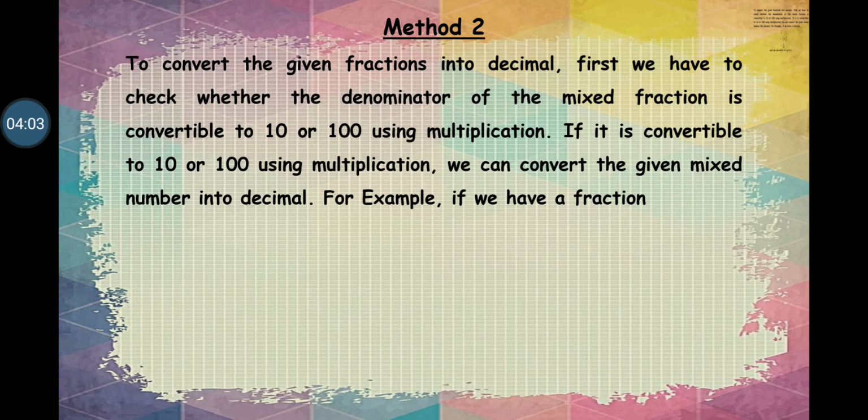For example, if we have the fraction 3 upon 5, we have to think: can we convert 5 into 10 or 100 or 1000 by multiplying by a number? Yes, here if we multiply 5 by 2, we can convert it to 10. So we multiply the numerator and denominator by 2 and we can change the denominator to 10. Dear students, now we know that this is called 6/10 and in decimal form we can write it as 0.6.